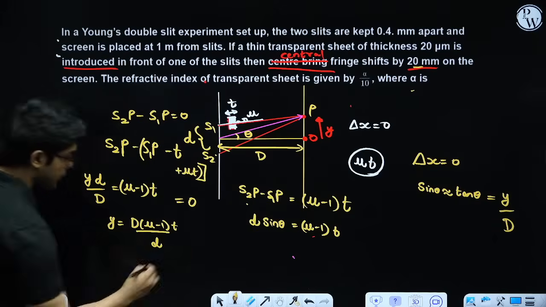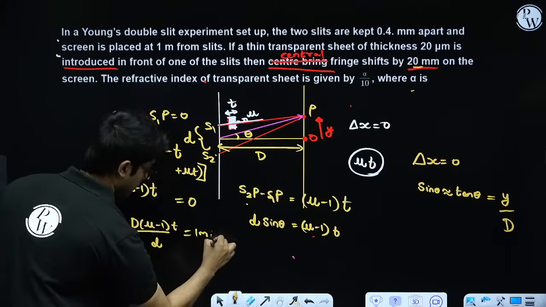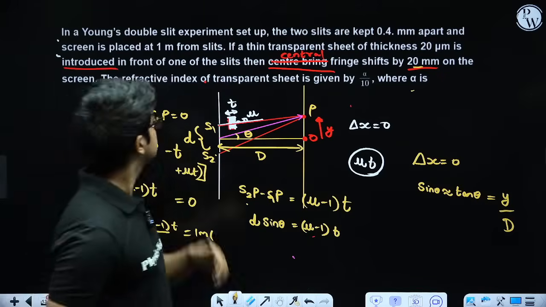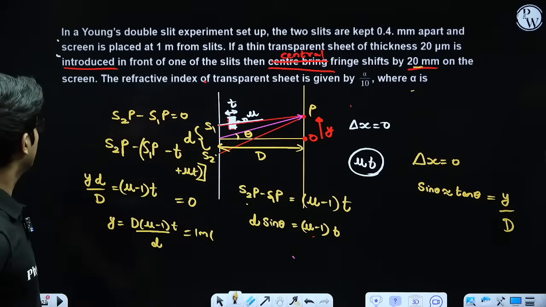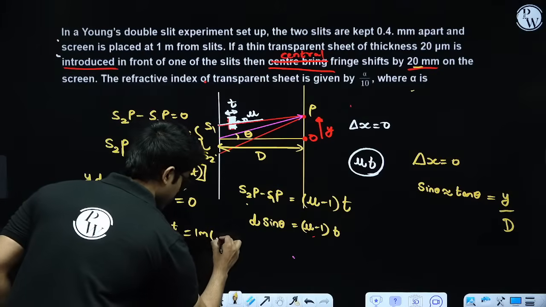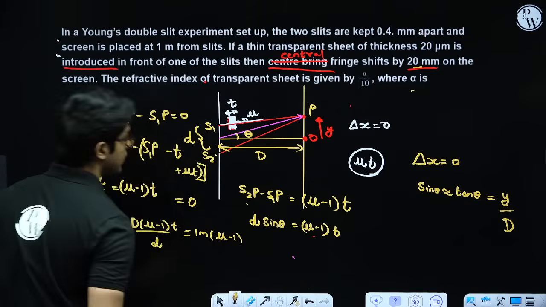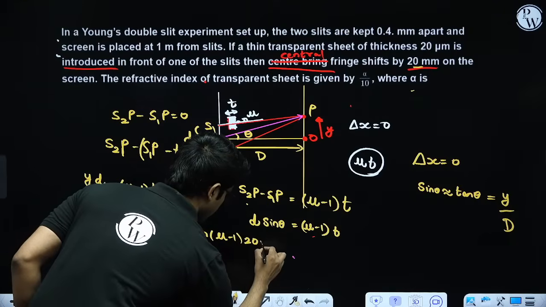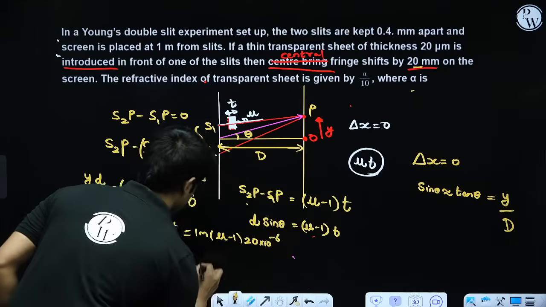So D is 1 meter. Mu is what we have to find. So mu minus 1, and the thickness was 20 micrometer, so 20 into 10 to the power minus 6.